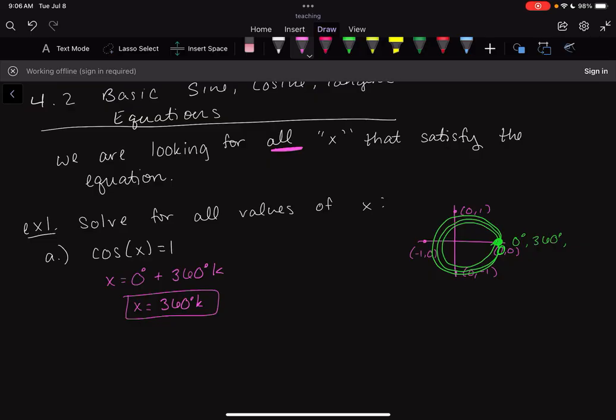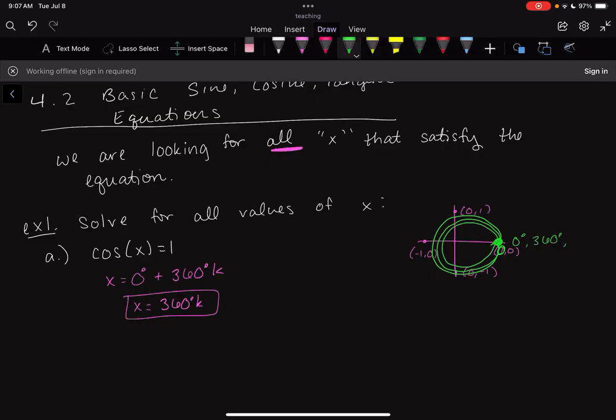And so the 360k, what it should remind you of is coterminal. Because that's what the k is, it's just an integer. It's basically saying how many times would you like to wrap around the circle. So if k is 1, then you wrapped around 1 time. If k is 82, then you wrapped around 82 times. But technically, there would still be an answer in that location. So that's why we have to write it this way.